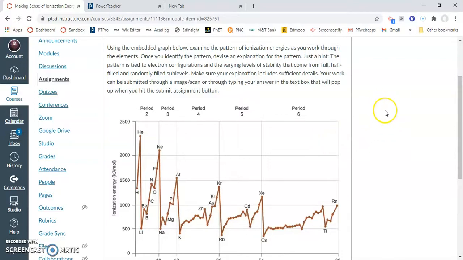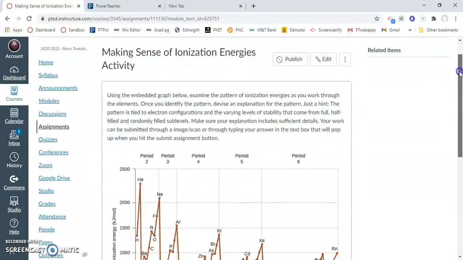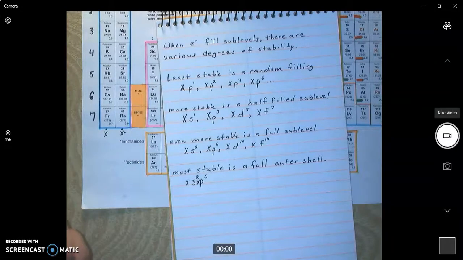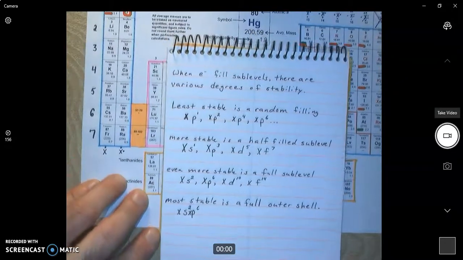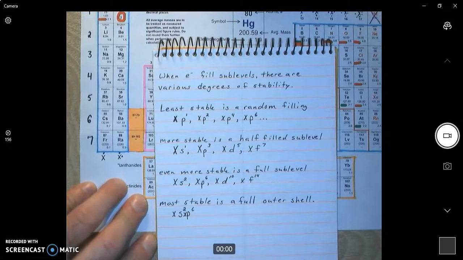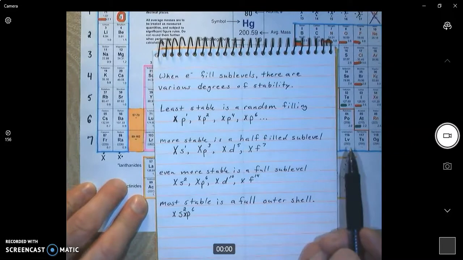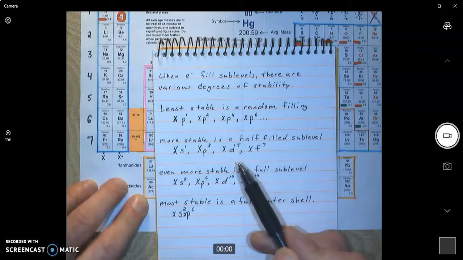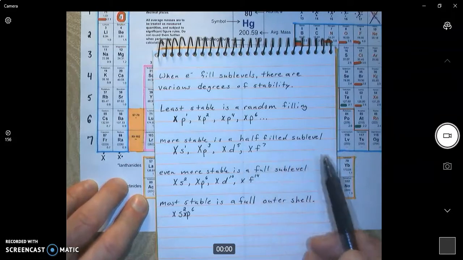So before you get into trying to understand the pattern there, we really need to understand one thing about electron configuration. When electrons fill the sublevels, the S, the P's, the D's, and the F's, there are varying degrees of stability that come from different ways that they are filled up.